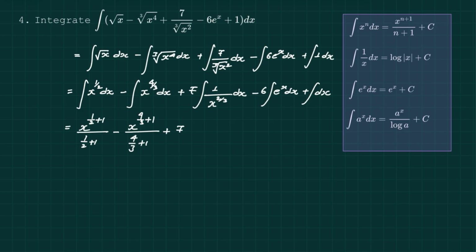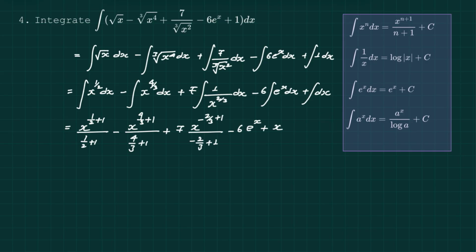So using the formula here it will be x to the power minus 2 by 3 plus 1 by minus 2 by 3 plus 1 minus 6 into integration of e to the power x, from the formula, is e to the power x only. So here we will write integration of e to the power x is e to the power x only plus integration of dx. You remember integration of 1 dx is always x.